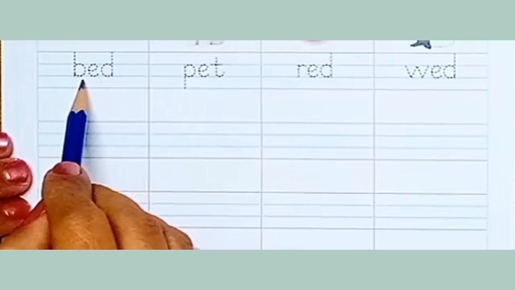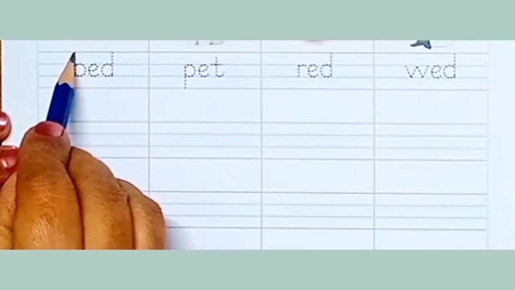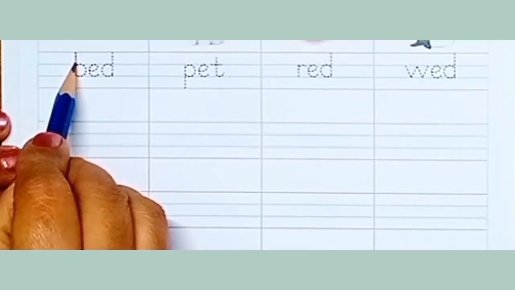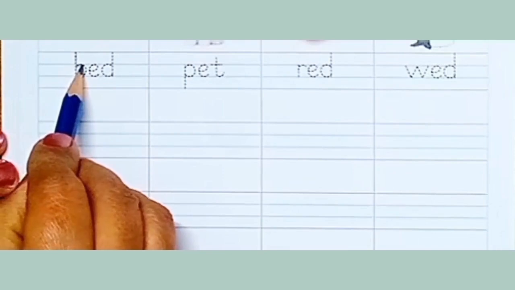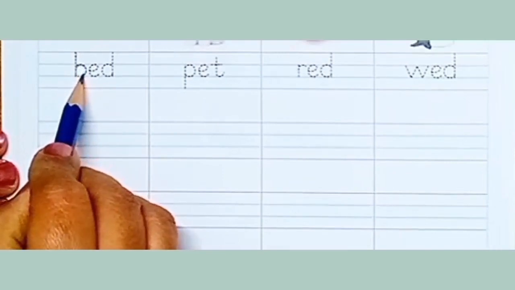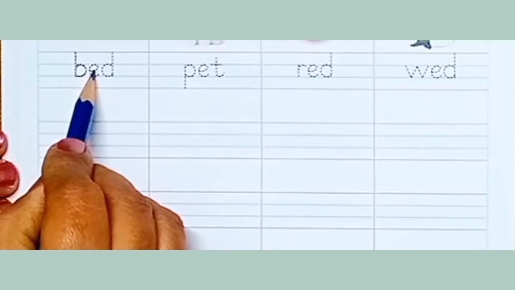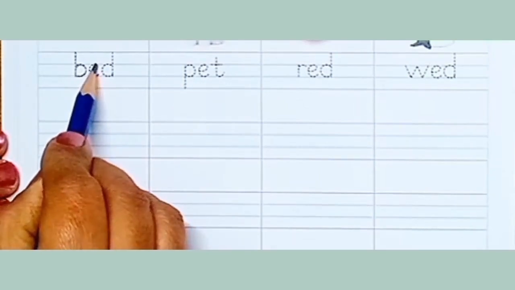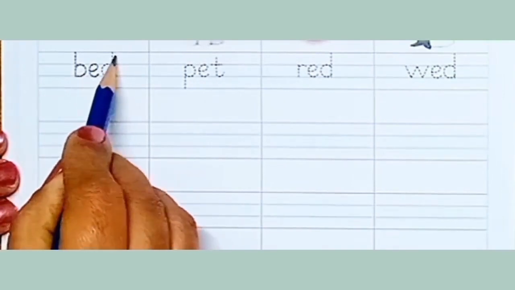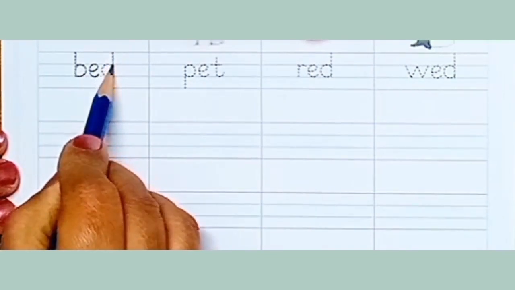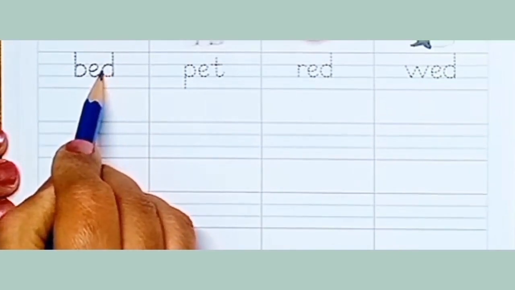For alphabet B, standing line, go up, make a reverse C. For alphabet E, make a curve, go up, C curve. For alphabet D, standing line, go up, C curve.